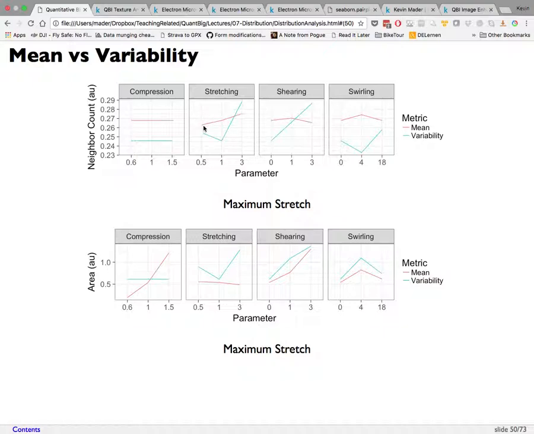With stretching, as we increase the stretching, we see that the mean goes up, and the variability initially goes down and then goes up again, which makes sense because 1 is the unstretched state. So as we apply more stretch, the variability goes up. With shearing, the variability goes up, and the mean stays more or less constant but changes a little bit. Swirling shows a similar sort of trend.